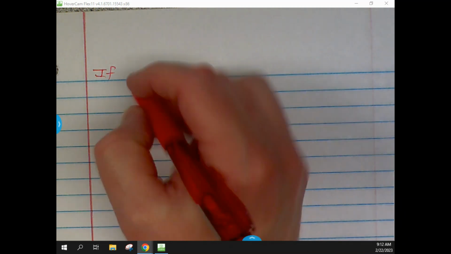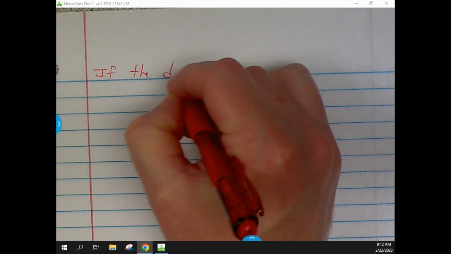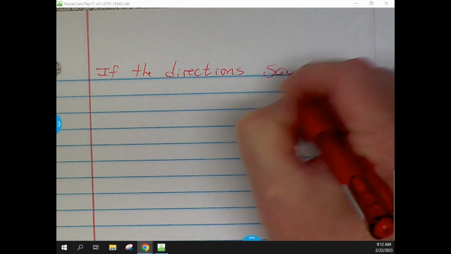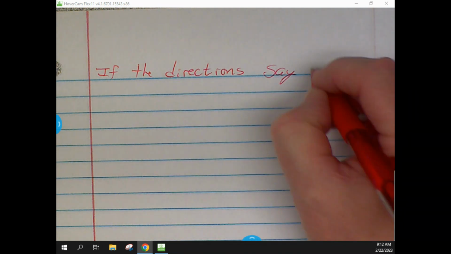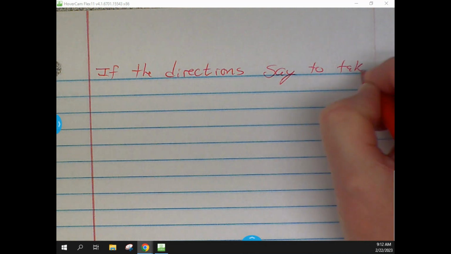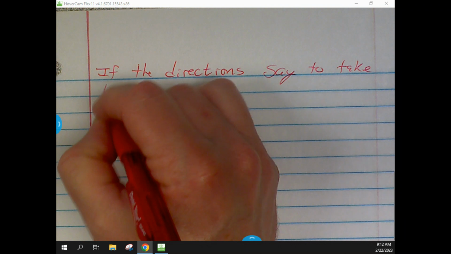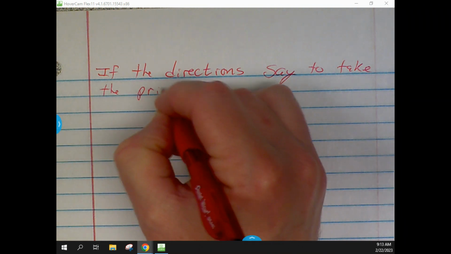Okay, so if the directions say to take the principal square root.